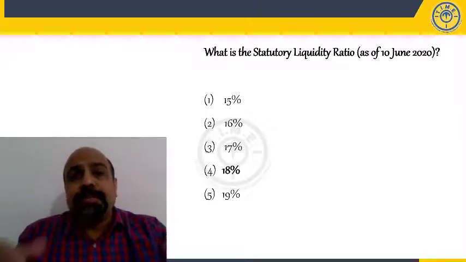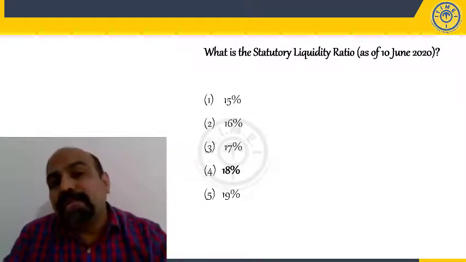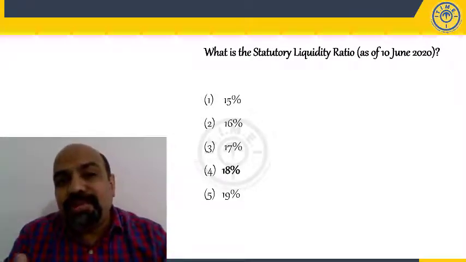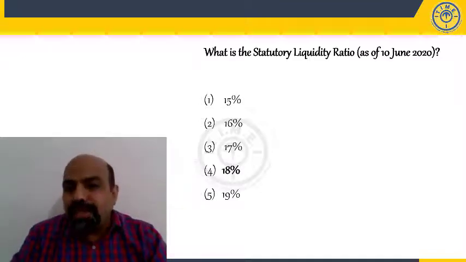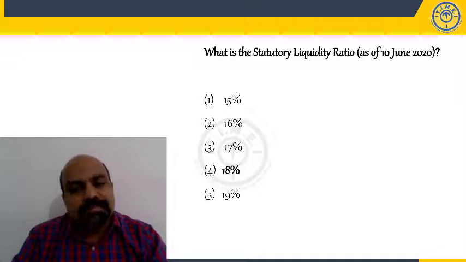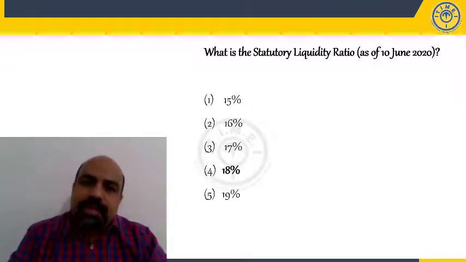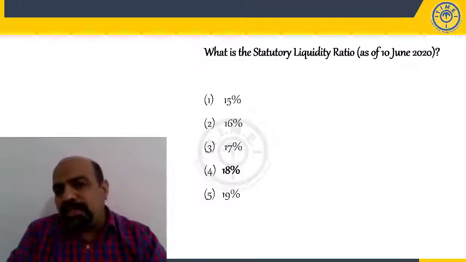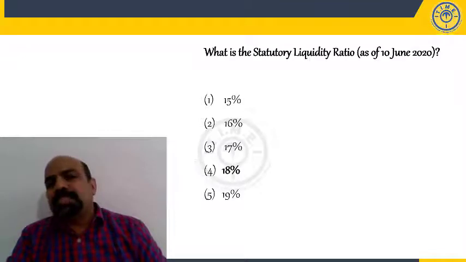That's why it's called a run on the bank. Now that thing is not there, because you could go to any ATM and withdraw, or online. But still, it's kept so that banks can repay large depositors and all that stuff. So CRR, SLR, this is how it is.